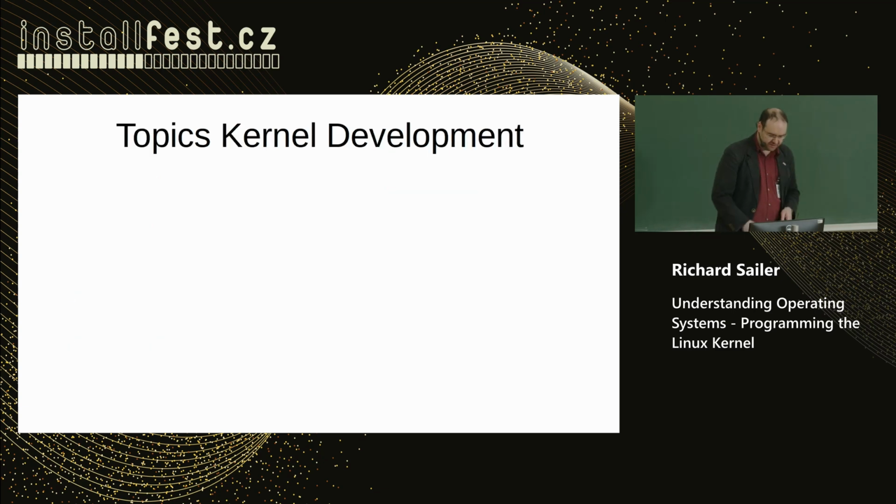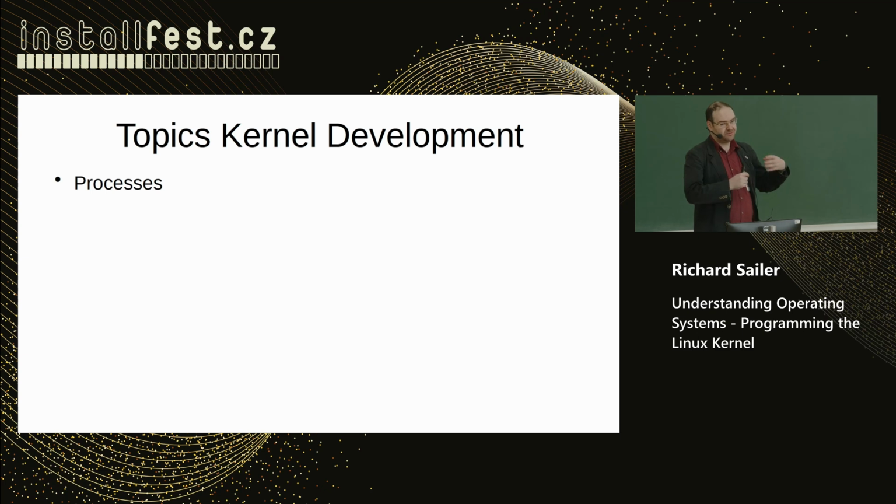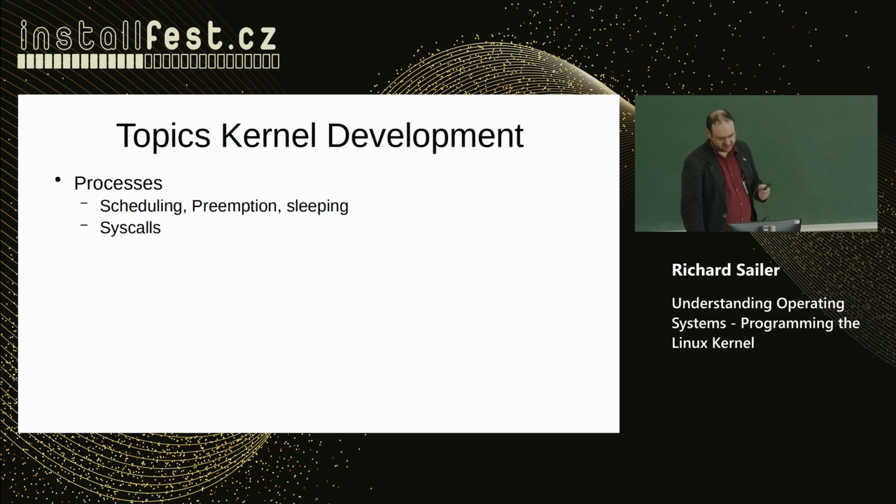In general, when you talk about Linux kernel development, one of the more important topics I already mentioned is processes. What is the process model of your operating system? Because the process is where your software lives, and I will explain that a bit. That also includes scheduling decisions, preemption and also sleeping, because most of your programs usually sleep most of the time.